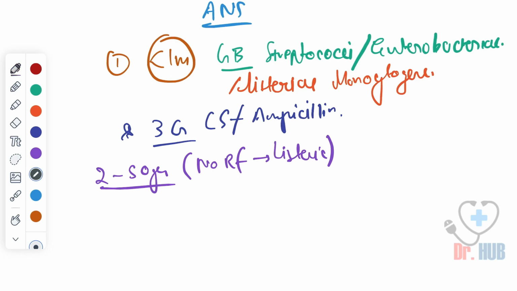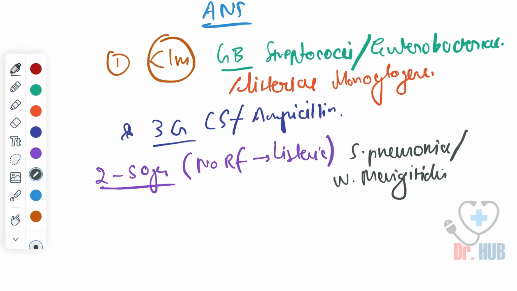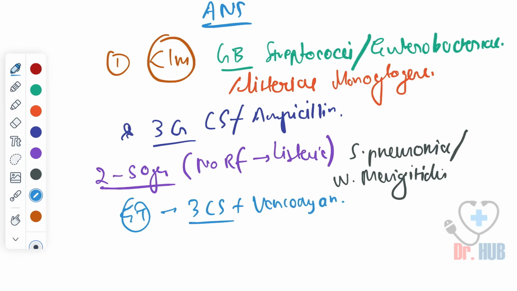The pathogens include S. pneumoniae as well as N. meningitidis. And the empirical therapy includes a third generation cephalosporin along with vancomycin.